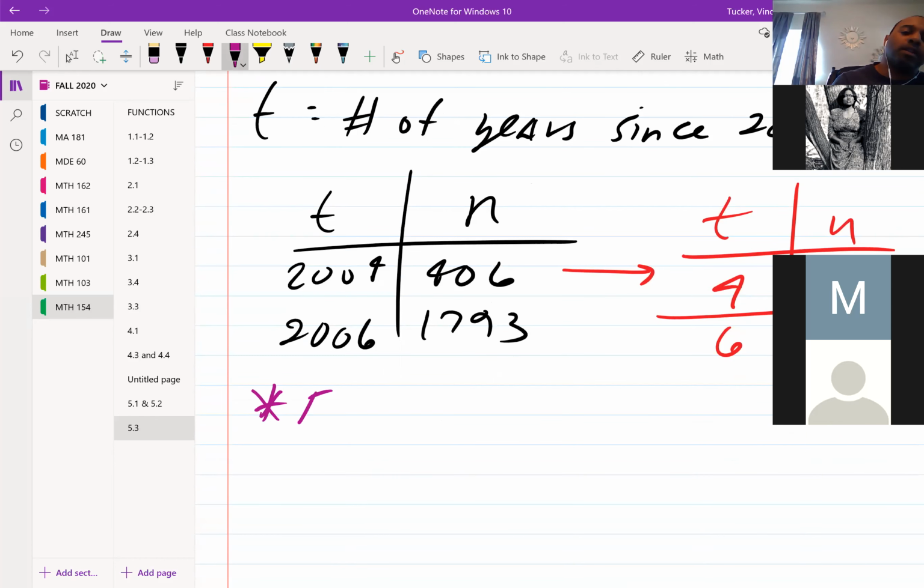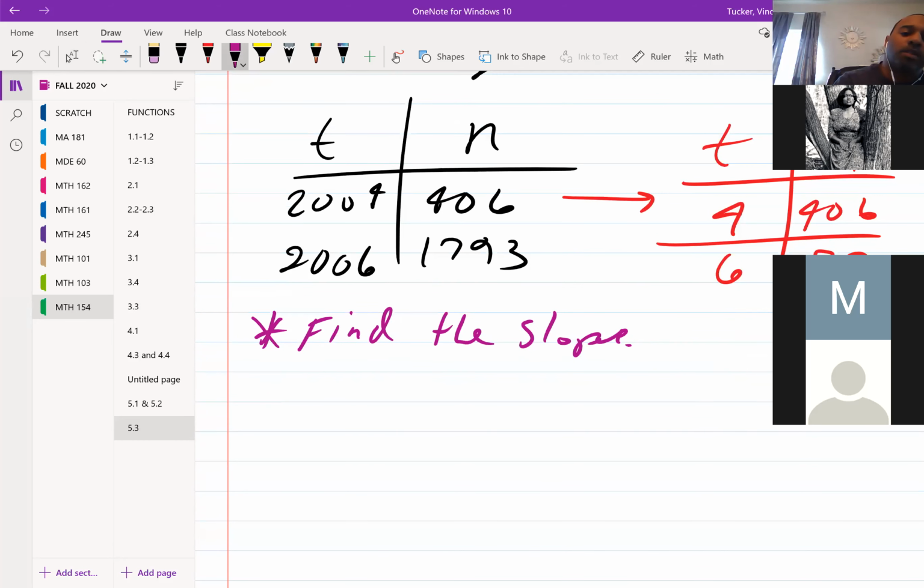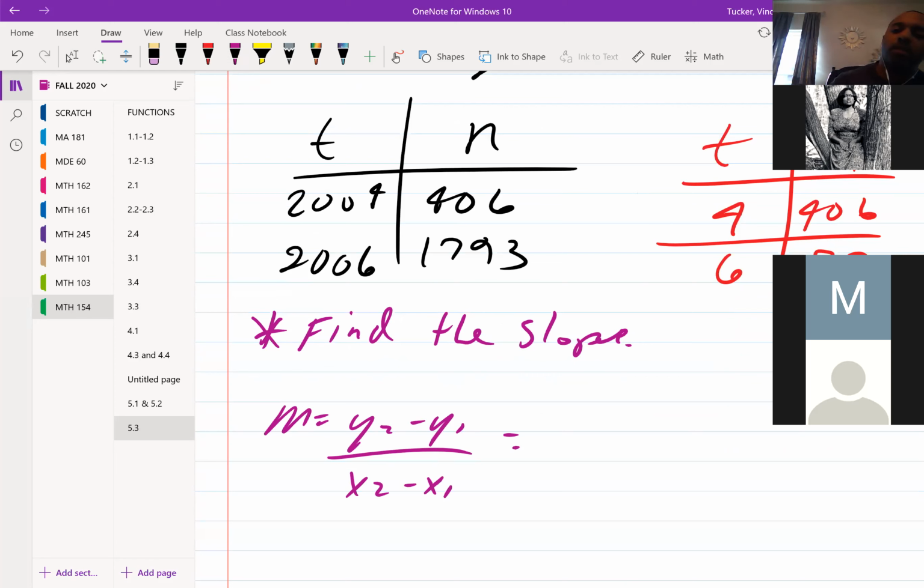First thing we'll do is find the slope, which we talked about last class. Remember that is y2 minus y1 over x2 minus x1. Once again, decide which one you're going to call point 1. I'll call this point 1, call this one point 2. So in this case, this is y, this is x.